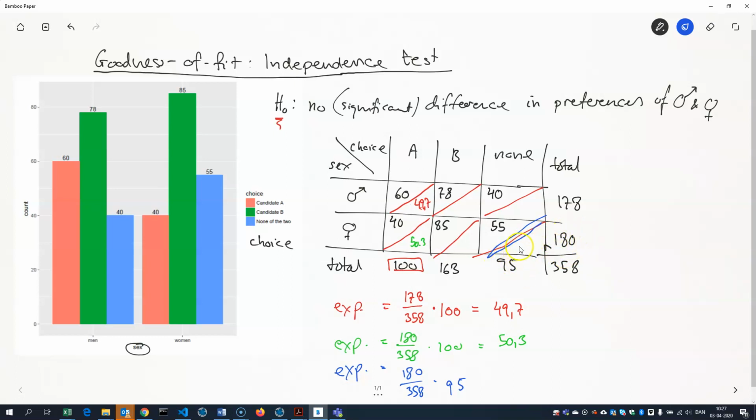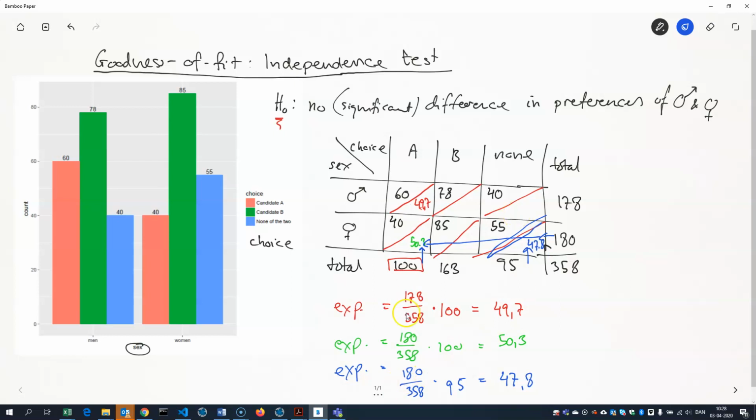These two numbers go into that expected number. This number goes into that one and this one as well. So same row, same column. That's just a way to remember it. And here we get 47.8, so that's the number that goes in here.